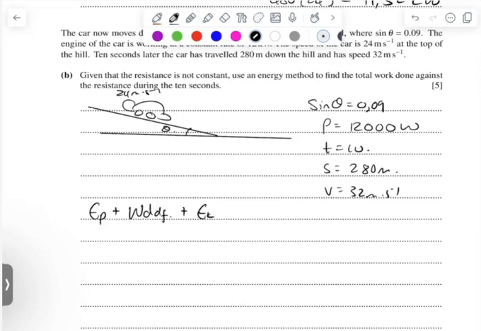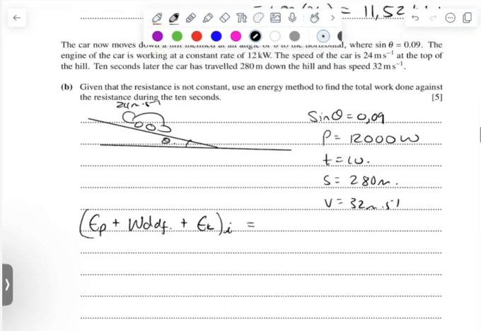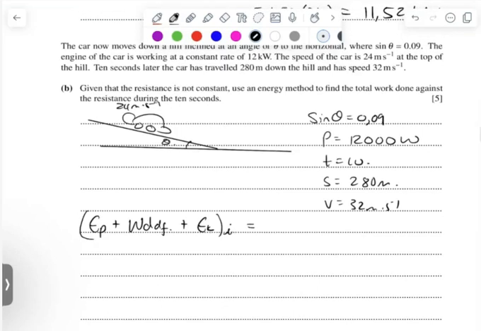Then this is all initial, and that must be equal to all the energy afterwards. At the end, it doesn't have potential energy relative to the bottom of the hill. It does still have kinetic energy, and there'll be work done against friction.